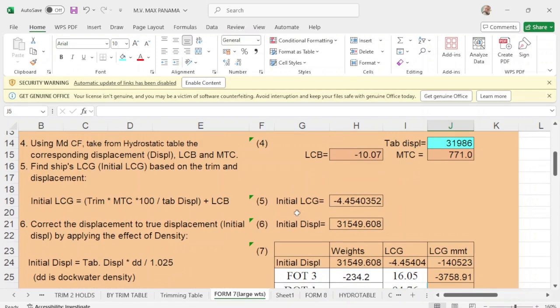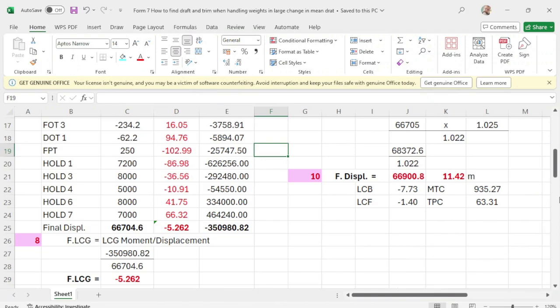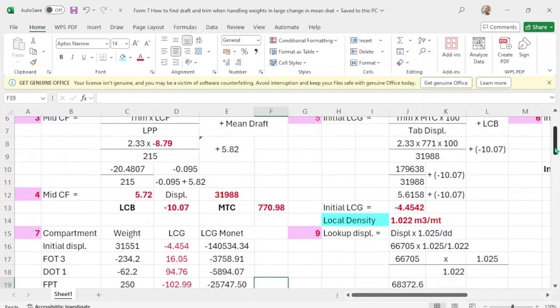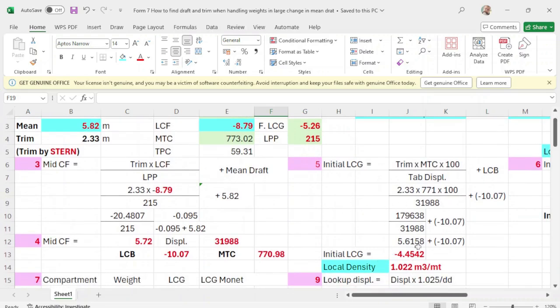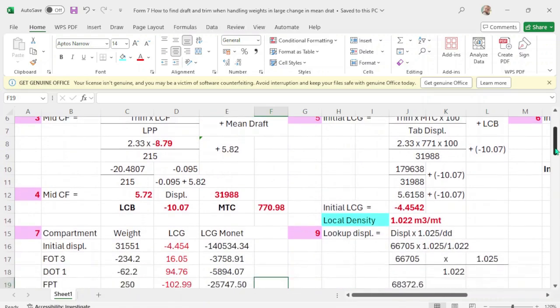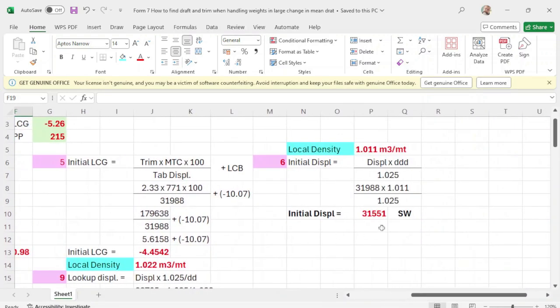This is number 5, final LCG. Number 6 is the displacement of 31551.